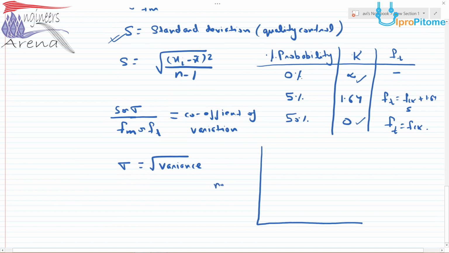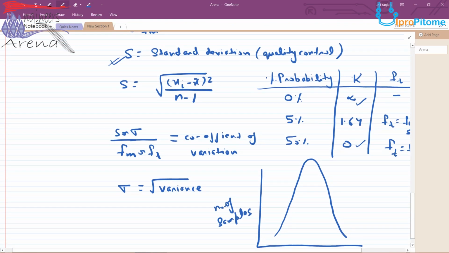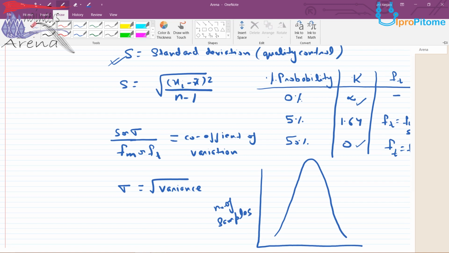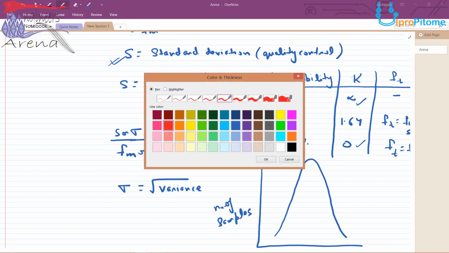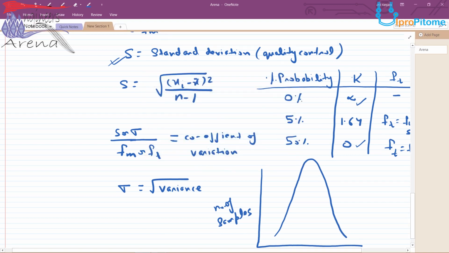I'm drawing a graph with the same axes, number of samples against fck. One graph is coming like this, and another graph coming like this. I'm going to extend this more.